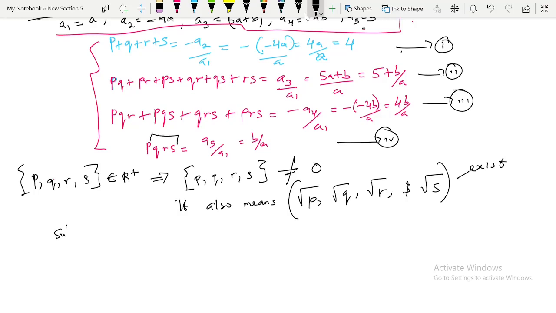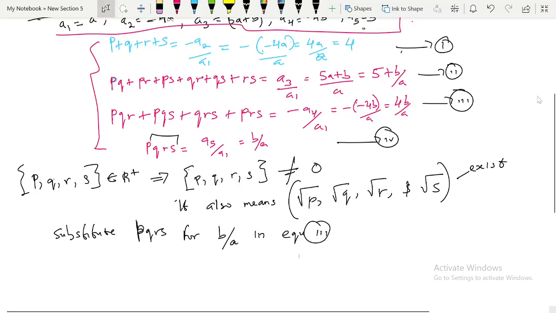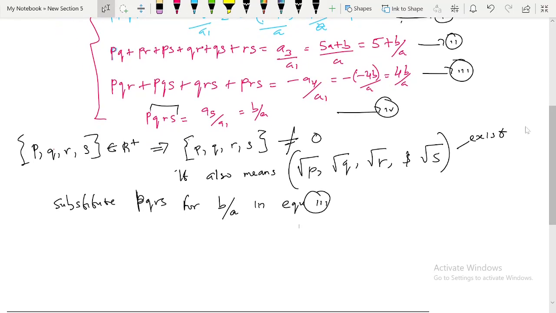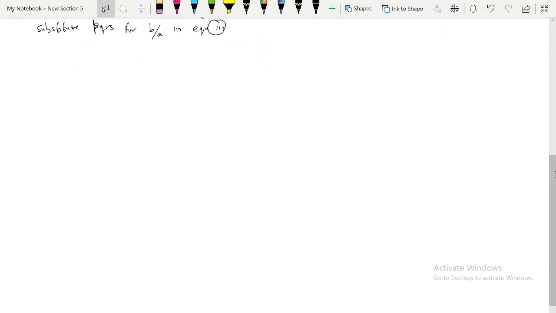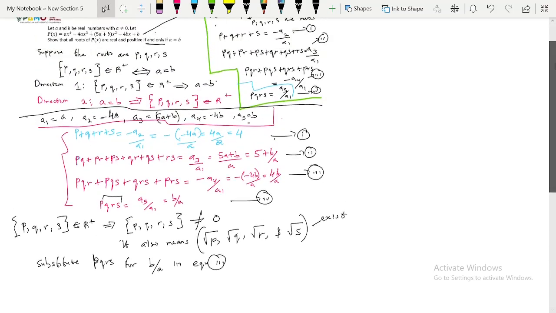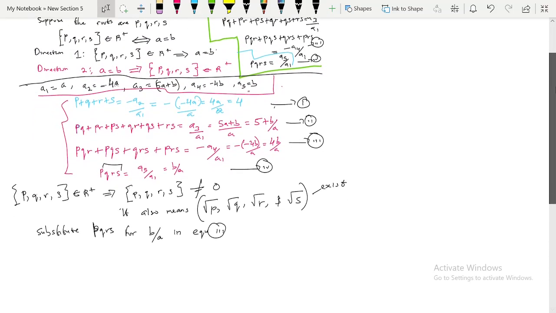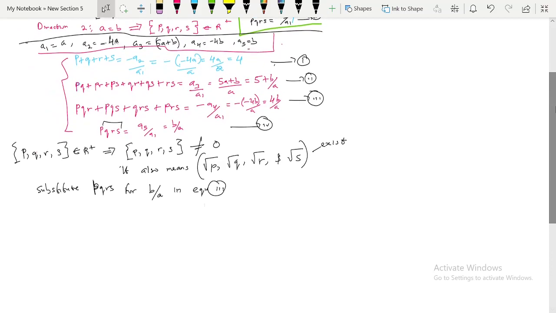So you can substitute PQRS for B over A in equation 3. So let me come here now and make the substitutions.